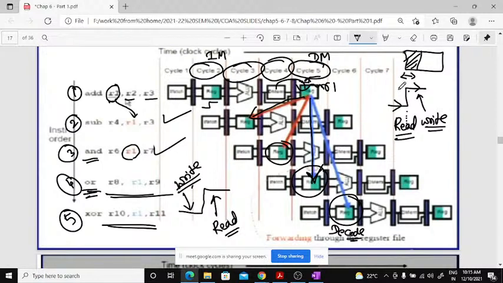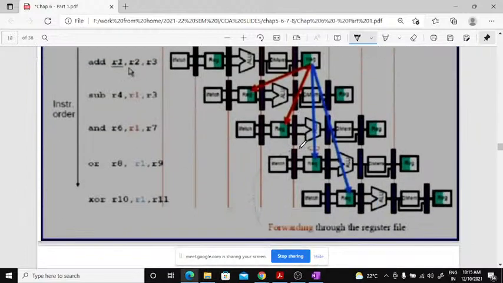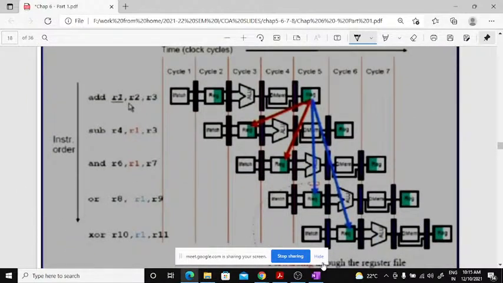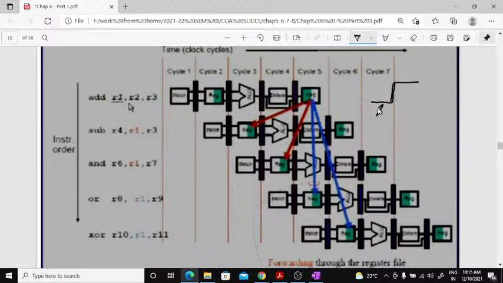So just keep in mind whatever circuit is designed here, the same diagram is there, okay. Whatever the circuit is designed, it performs with respect to the clock: half the write operation happens and in the next half of the cycle the read operation will be performed, read and write. Okay, so that's why this OR instruction will get the data, and XOR also.